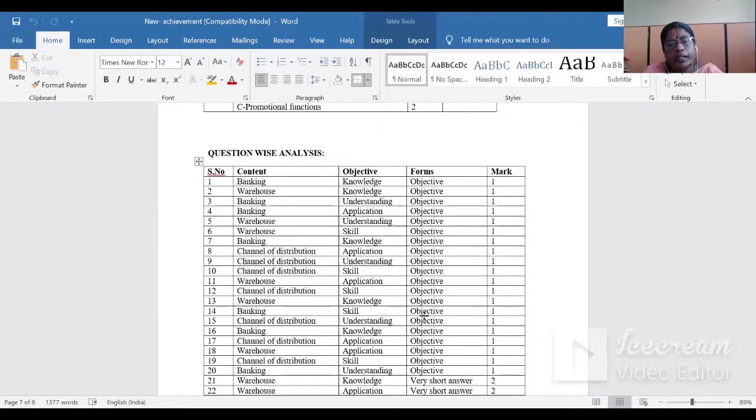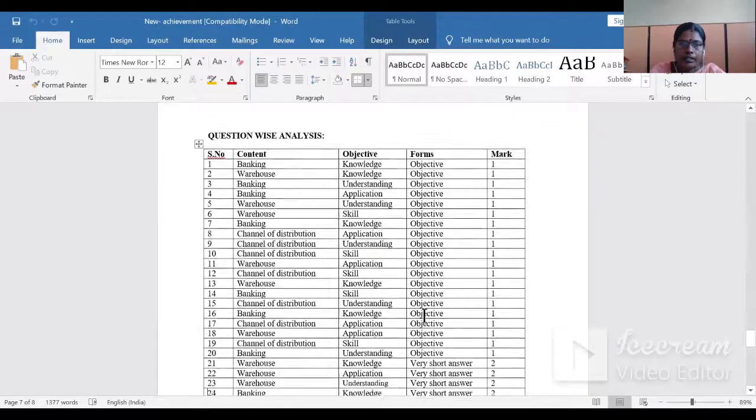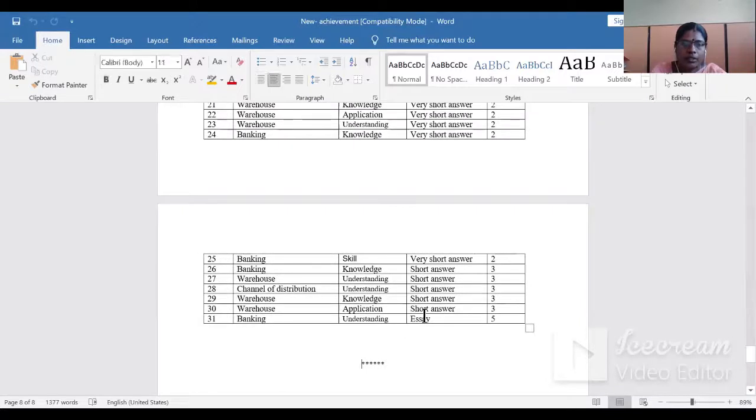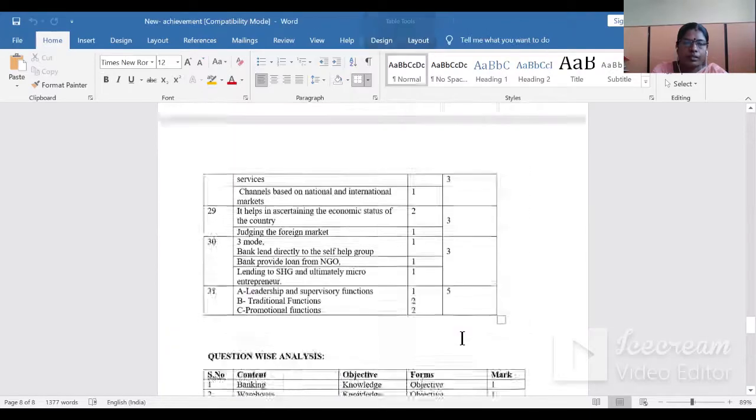See, in this part, knowledge level, understanding level, application and skill. So consider the objectives. Here is the question wise analysis. See, how many questions? And the very short answer. These are the model questions.